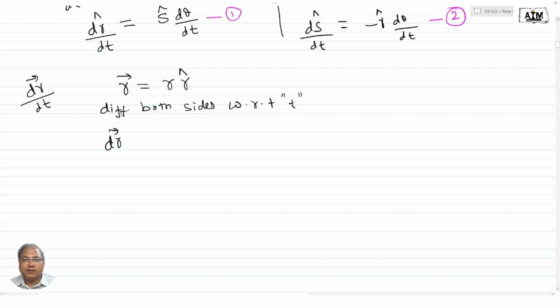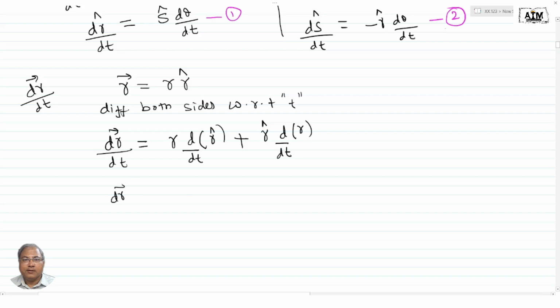So dr by dt equals r as it is, differentiation of r cap with respect to t, plus r cap as it is, differentiation of r with respect to t, because both r as well as r cap depend upon theta, and theta depends upon t. That means r depends upon t. Therefore we are using here the product rule of differentiation.